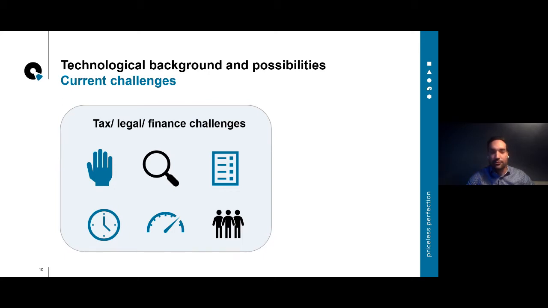Further to that, there's also more exchange of information between countries and between tax authorities of countries. So if you're going to report in multiple countries, you have to be sure that the data you are reporting is the same at both sides of the border. So it's extremely important that this data is correct.